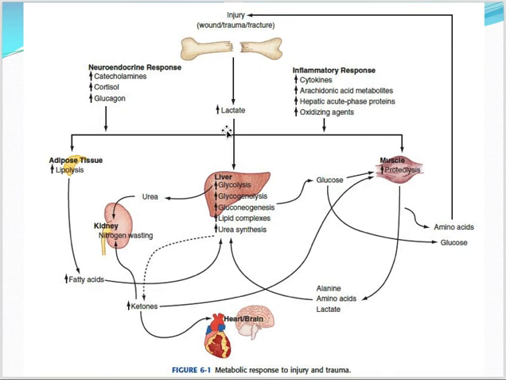Why? Because we know that ATP, or adenosine triphosphate, is the source of energy. If there is ATP, all the processes in the body, all the biochemical reactions, all the metabolic processes will keep on running.